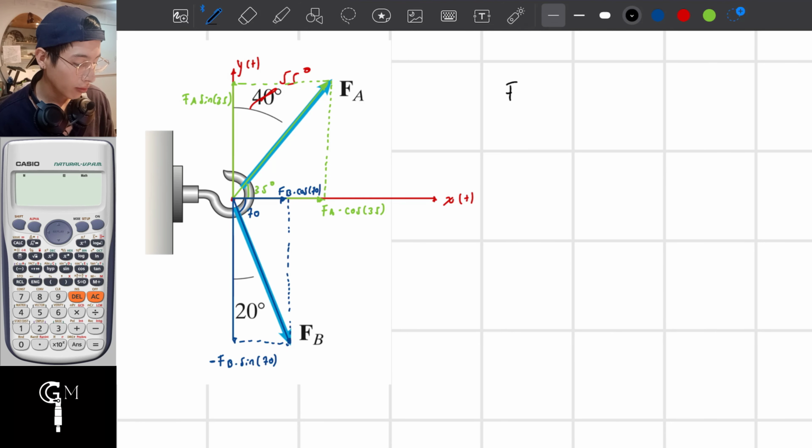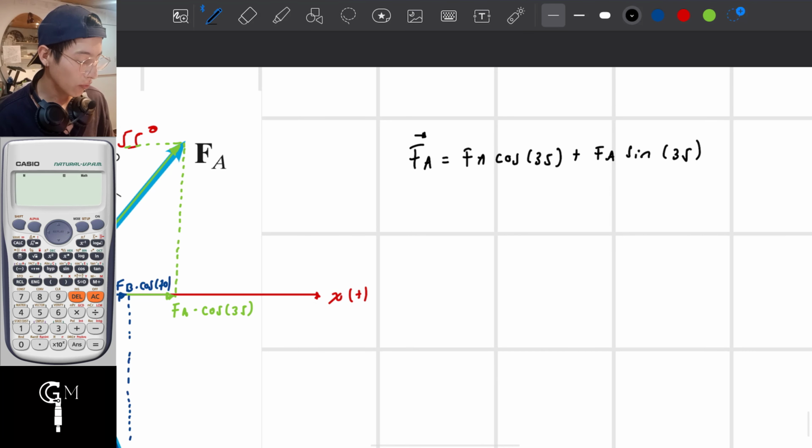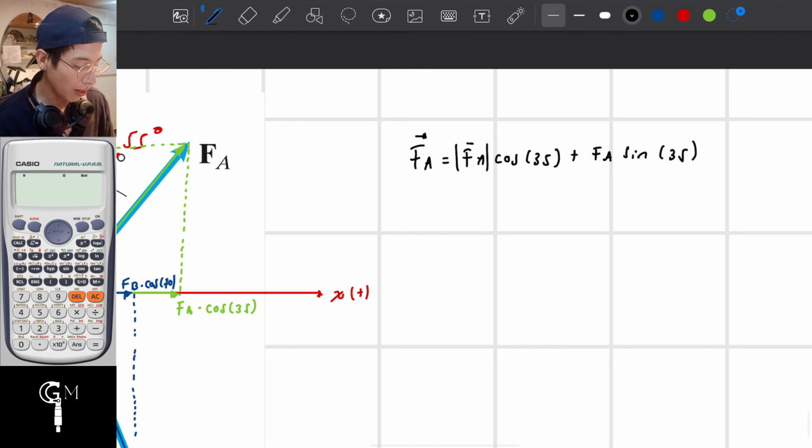Now, the vector FA using its components is equal to FA cosine of 35 plus FA sine of 35. Of course, this FA is the magnitude of the vector.